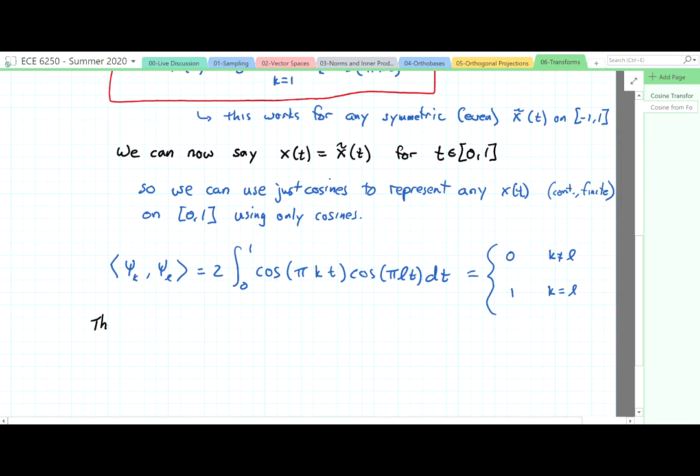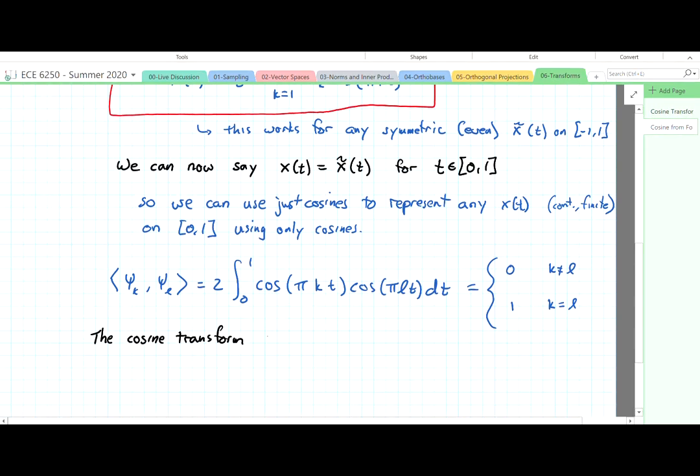So in essence, the cosine transform samples the frequency domain at twice.